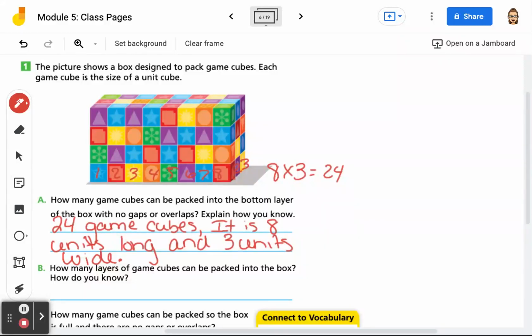Well, if we look, there's 1, 2, 3, 4. And how do I know this? So 4 layers. The height represents the number of layers.